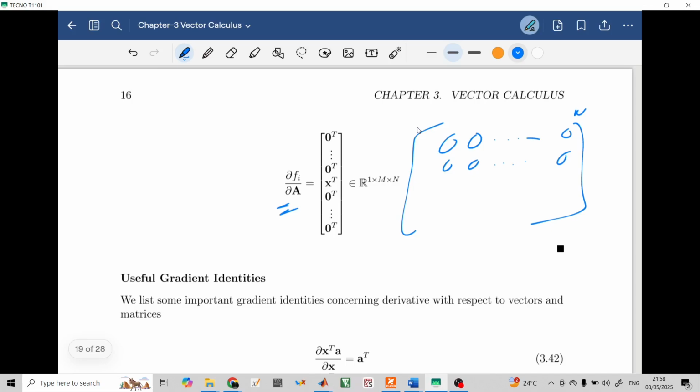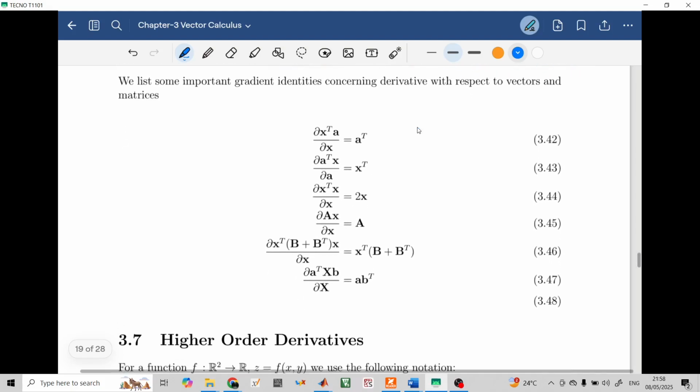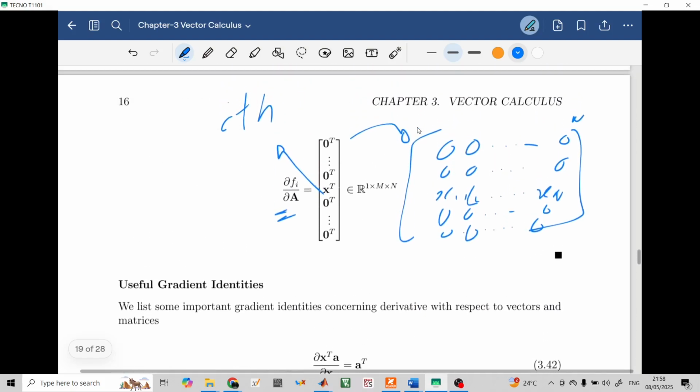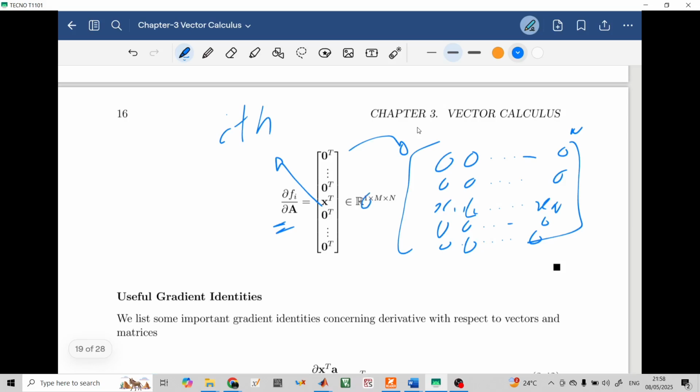Now at the ith row of the matrix, you will get x1, x2, until you get xn, and then you continue with the zeros. So this is a matrix in a sense, a two-dimensional matrix. Remember, this one does not count.